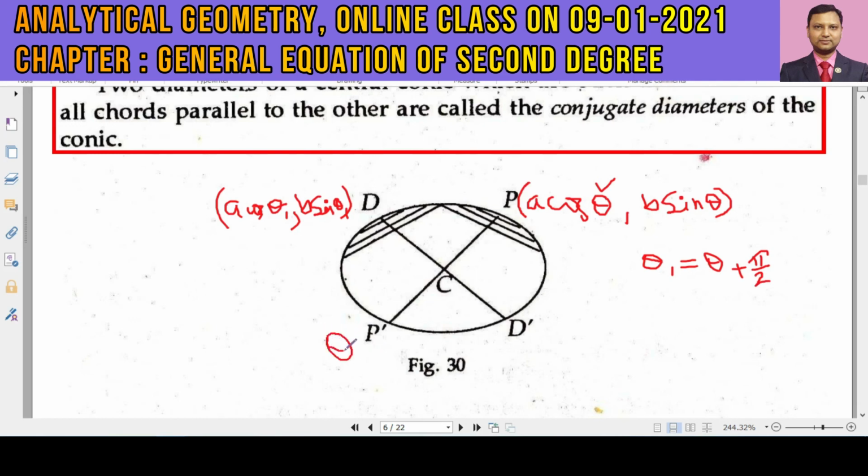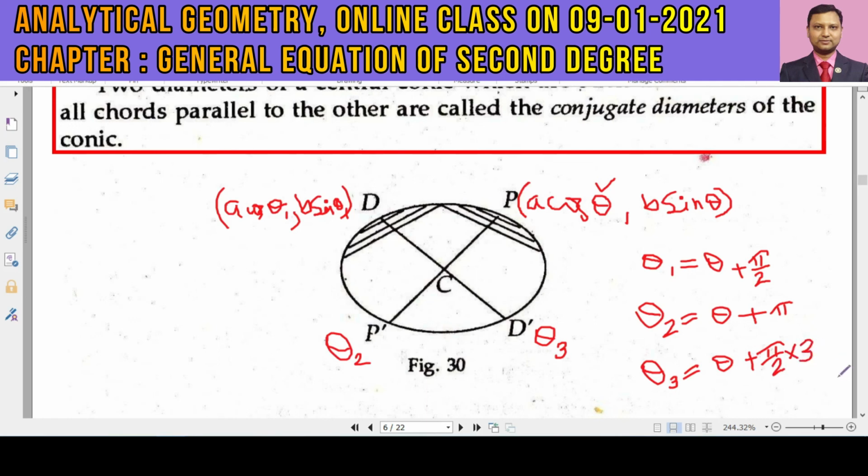If in place of theta 1 we have theta 2 for this point P prime, then this theta 2 would be equal to theta plus pi only. And suppose in place of theta 2 we have theta 3 in case of the point D prime, then one can prove that theta 3 is equal to theta plus 3 pi by 2.